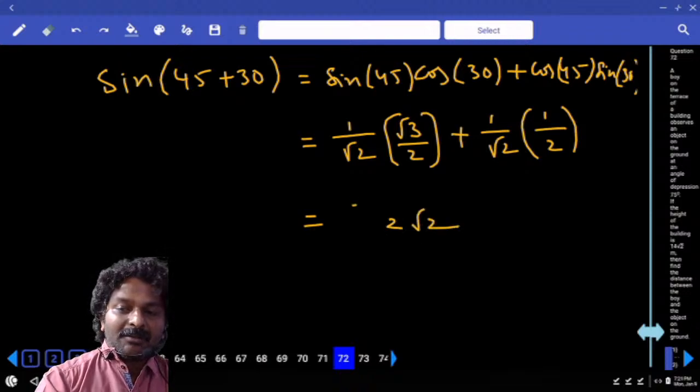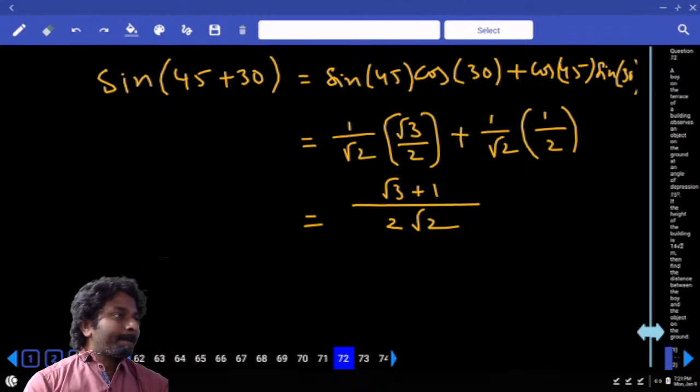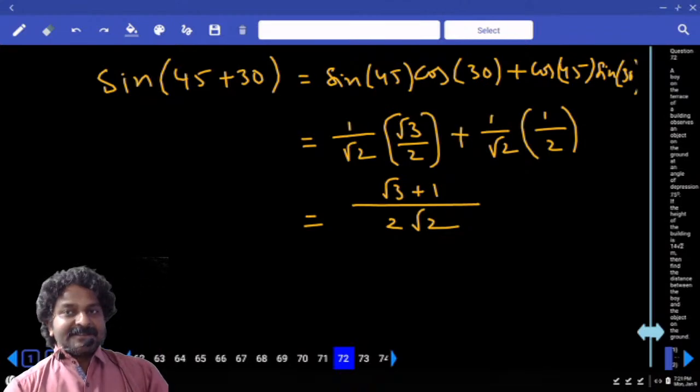Taking 2 root 2 common, we get root 3 plus 1.